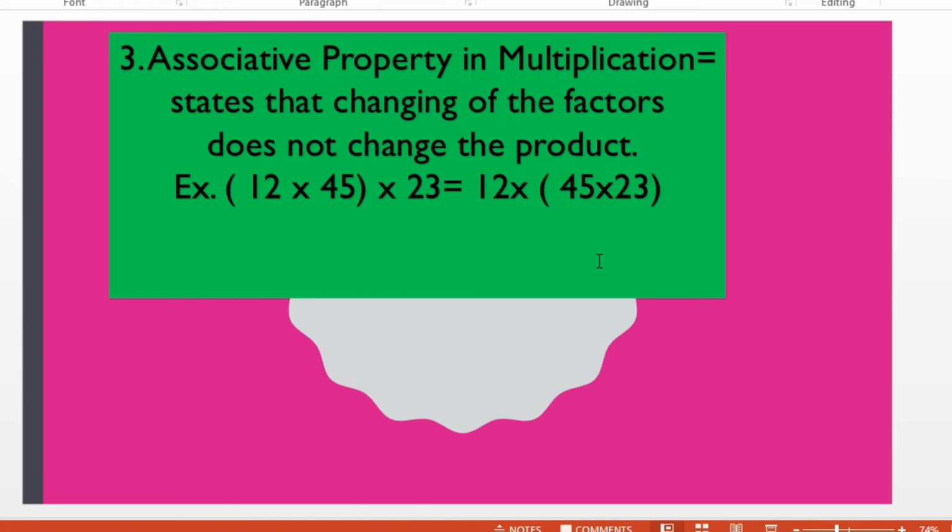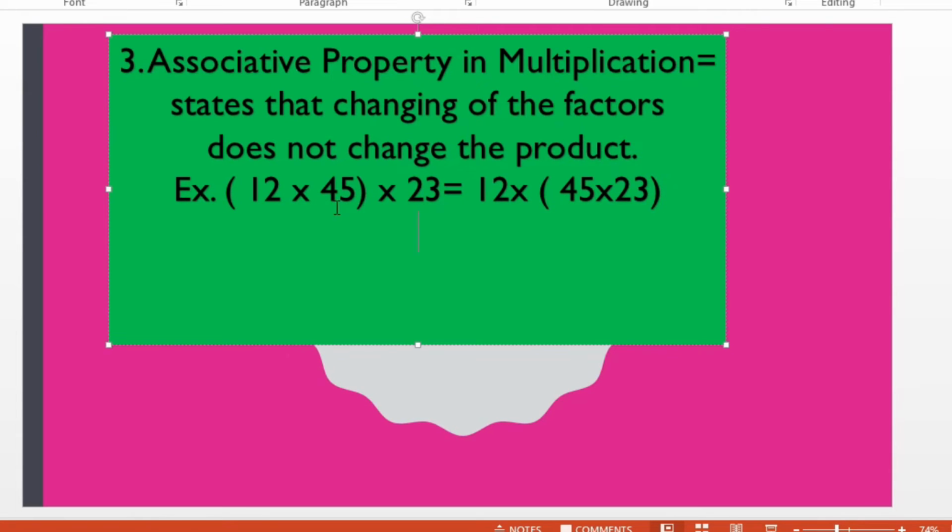So napapansin nyo learners, yung number natin ay nililipat-lipat lang natin o hinihiwalay. Pero hindi natin pwedeng baguhin yung given number. Kasi once po na binago natin yung given number, magbabago din po or mag-iiba yung number. So let us check. 12 times 45.